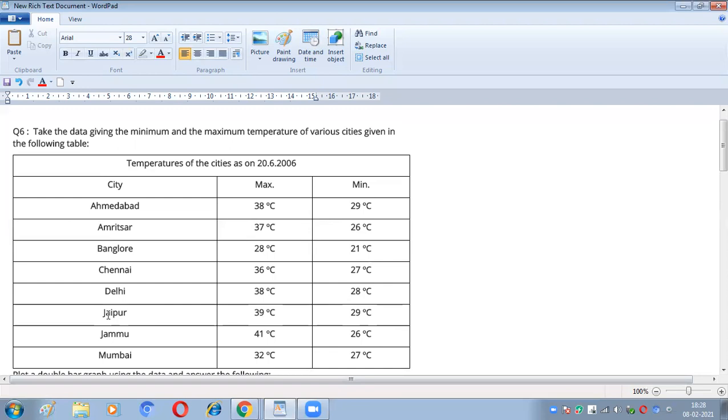Jaipur is having the minimum temperature 29, and Ahmedabad is also having the minimum temperature 29. So Ahmedabad and Jaipur are the two cities. Bangalore's maximum temperature is less than the minimum temperature of Ahmedabad and Jaipur.